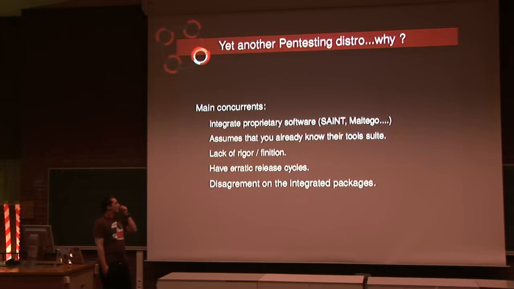First, distributions like Backtrack don't really care about integrating proprietary software. So the politics of ShadowCircle is clearly to remove all this proprietary software and eventually recode them if needed. I'll talk about a side project of ShadowCircle later, but it's a main point.